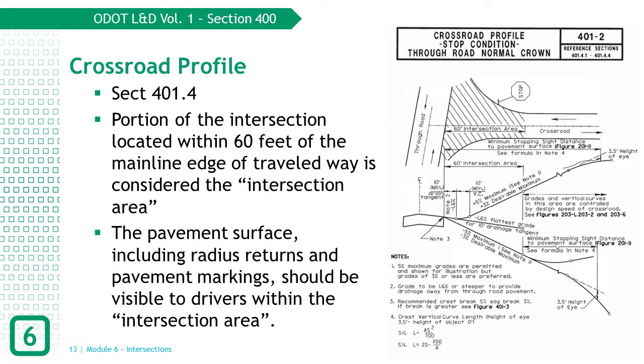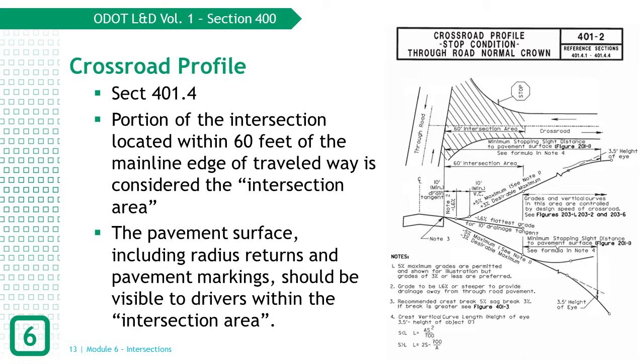Figure 401-2 shows the profile design for a crossroad interacting with the normal crown through road using a stop-controlled intersection. For these intersections, it is expected that the traffic will fully come to a stop on the crossroad, so the concern of the vehicle bottoming out or having to maintain a high rate of speed is minimal.